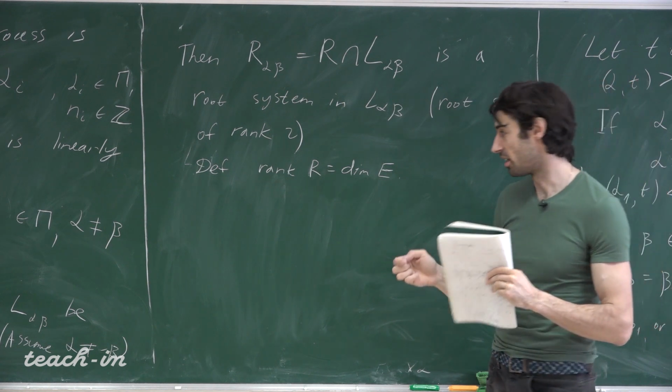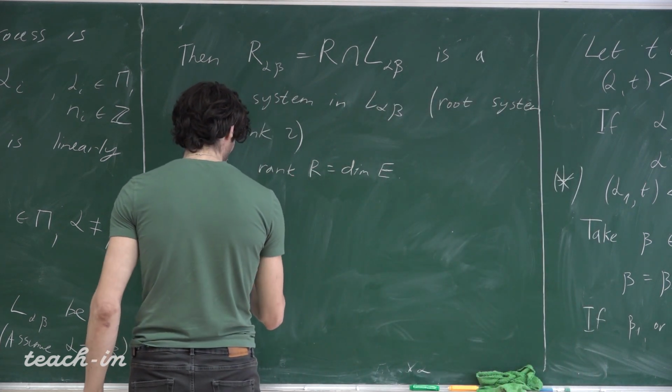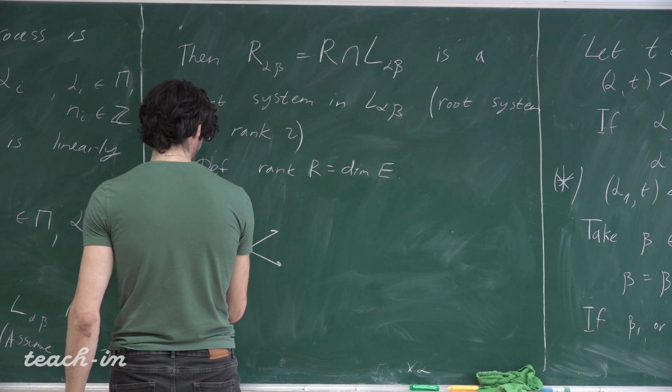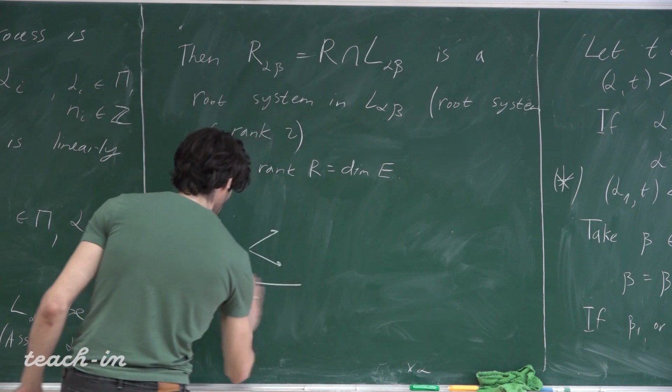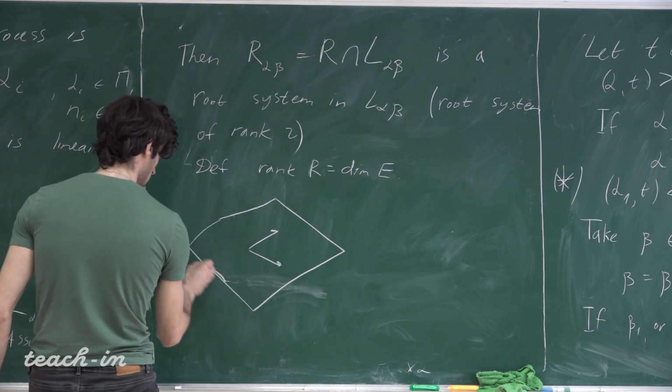Right, so again, let's draw pictures. So you have alpha, beta, and this plane.